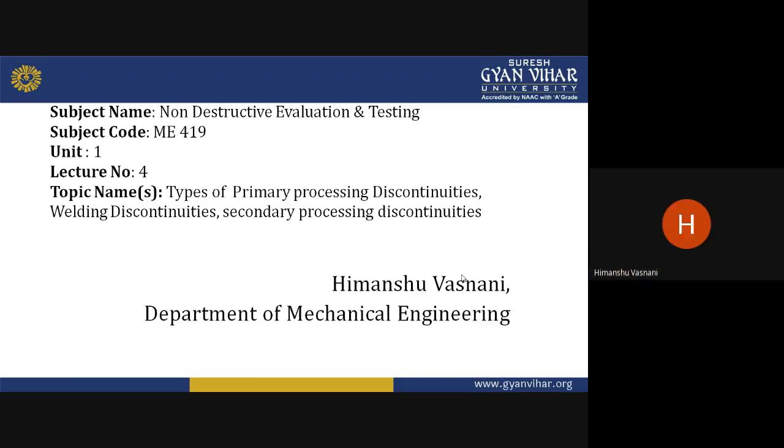We have studied previously about non-destructive techniques and destructive testing. Now we are studying the various problems or discontinuities that the inspector should know, or that have been found in past experience.